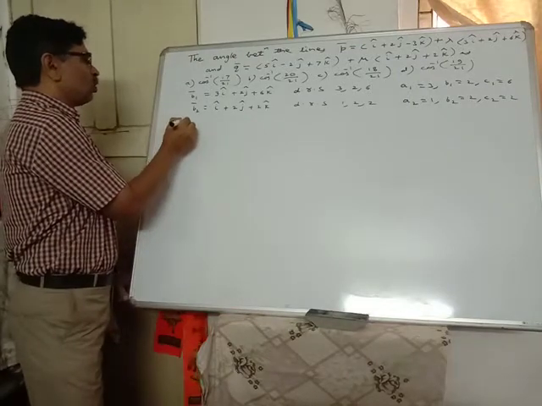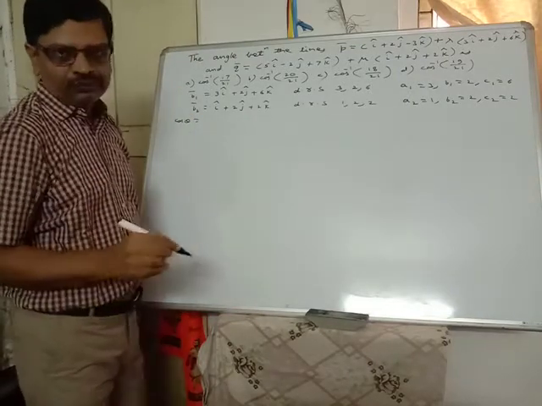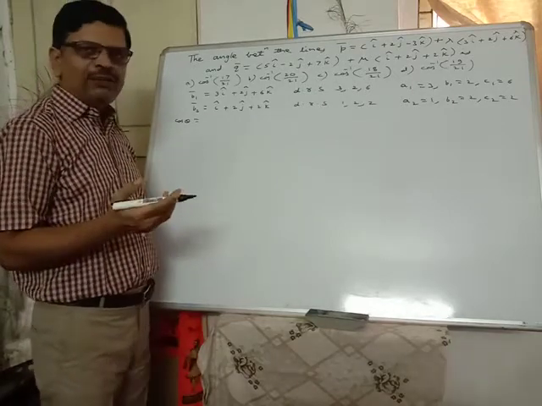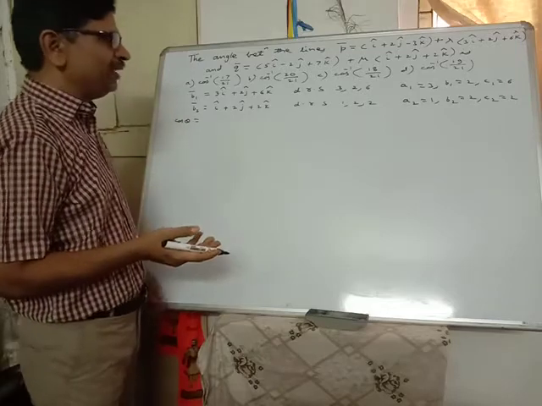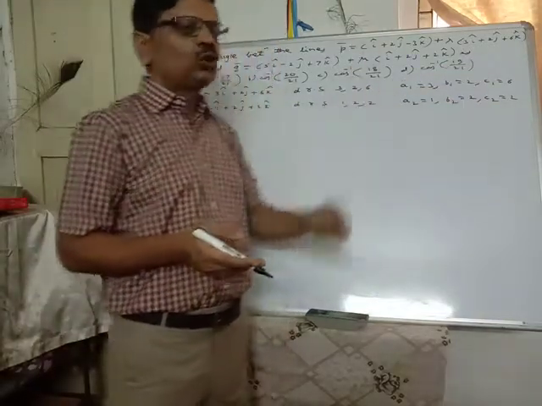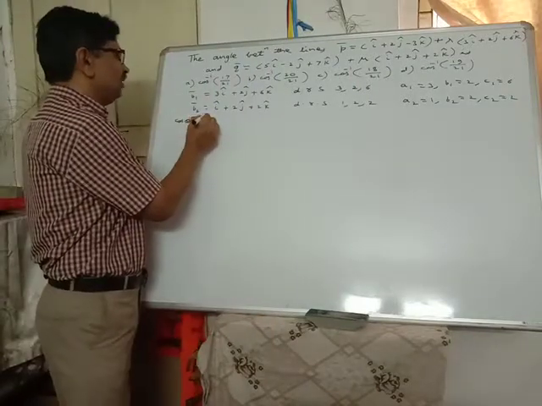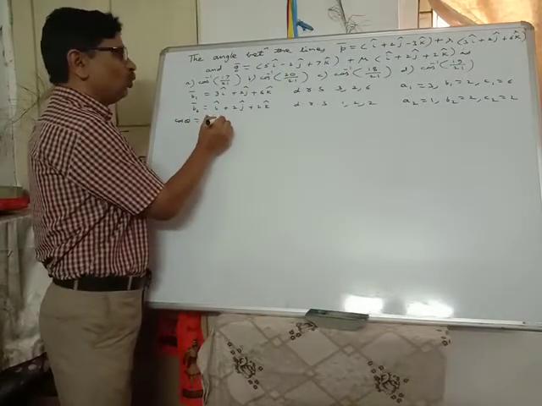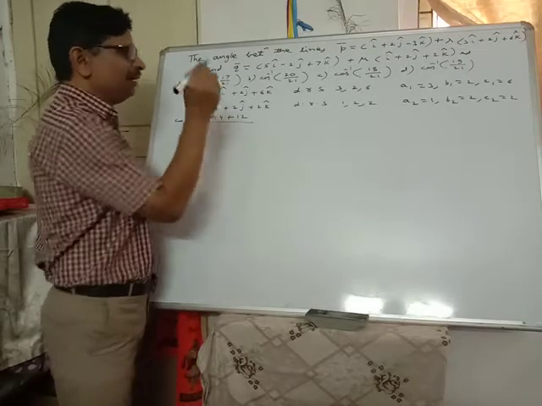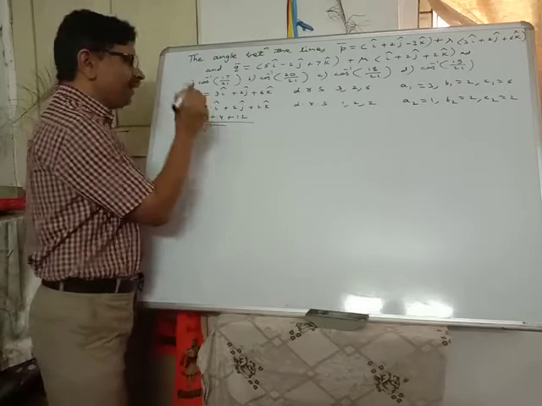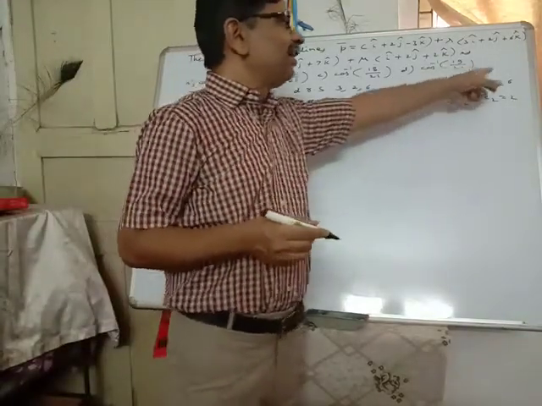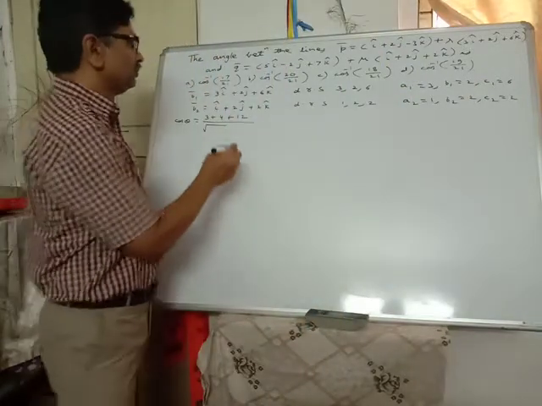Cos theta equal to a1 a2 plus b1 b2 plus c1 c2. In numerator, sum of product of direction ratios of two lines: 3 into 1 plus 2 into 2 plus 6 into 2, divided by under root sum of squares of direction ratios for the first line.